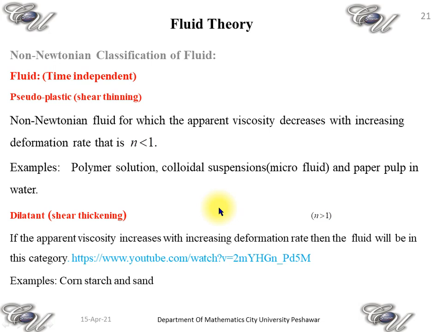Such fluids are called shear thickening. When your deformation or shear stress increases, it behaves like a solid. We call this the cornstarch and sand. This is the example of the cornstarch.